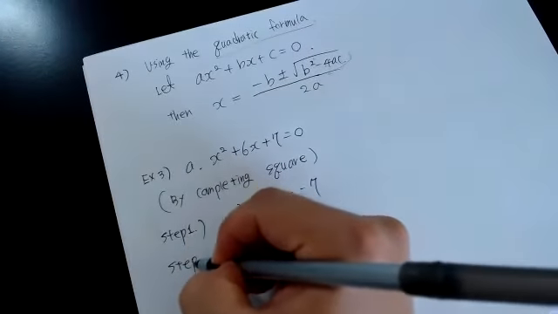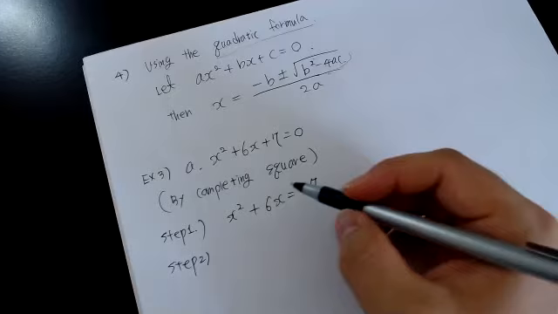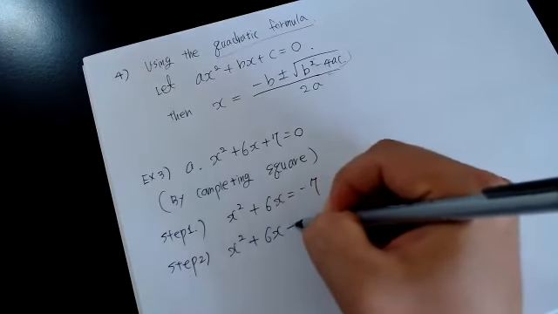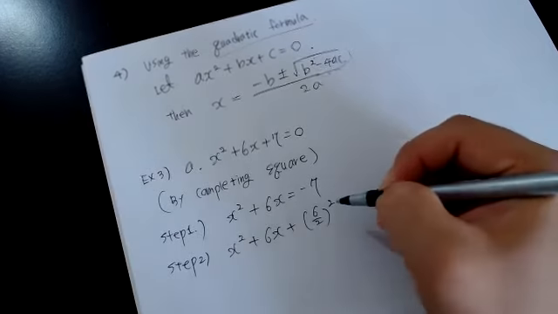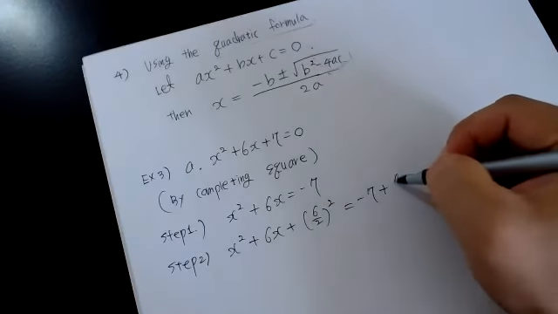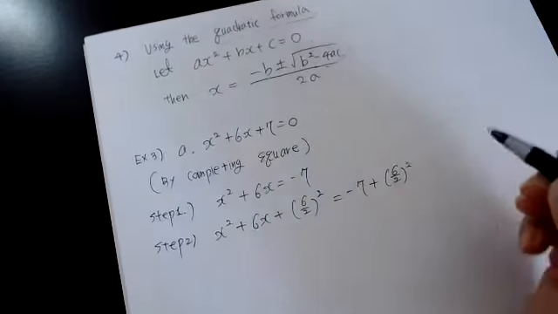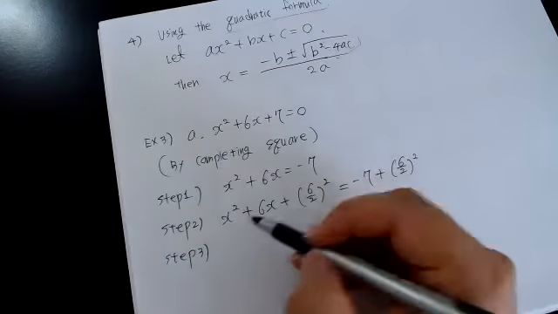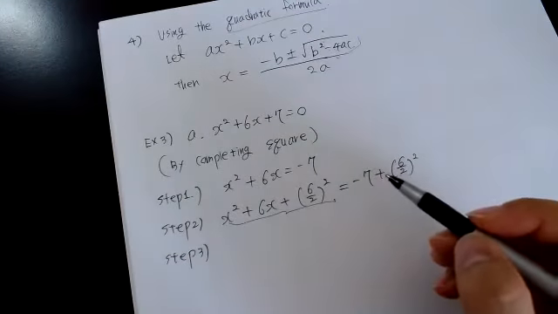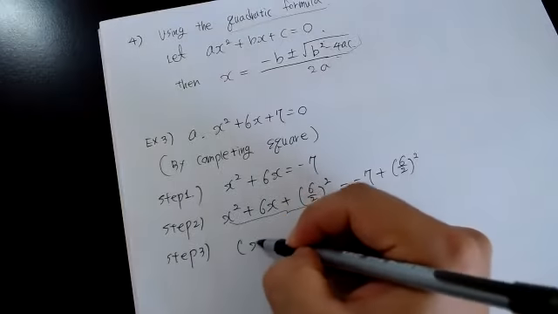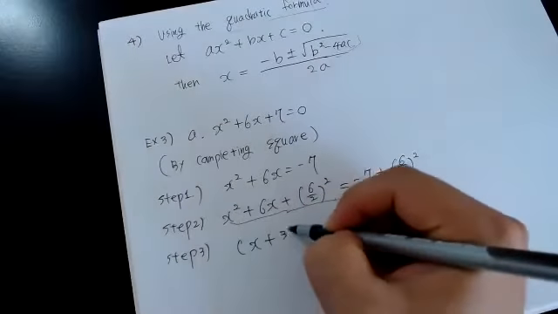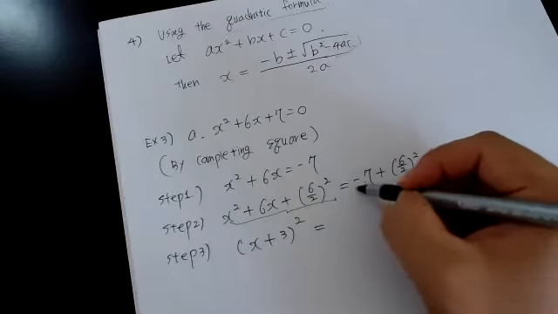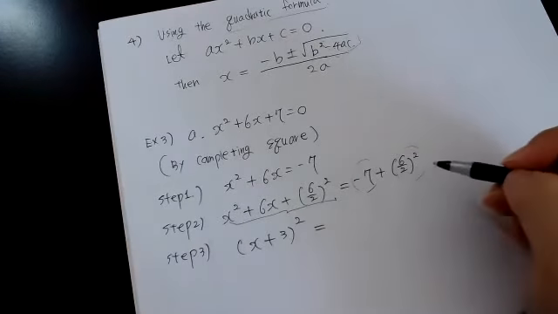Step 2: using the rule for completing the square, we add the constant, which is 6 over 2 squared, so negative 7 plus 6 over 2 squared. Step 3: we get a perfect square trinomial, x plus 6 over 2, which is 3, squared. The right-hand side is negative 7 plus 9, which is 2.